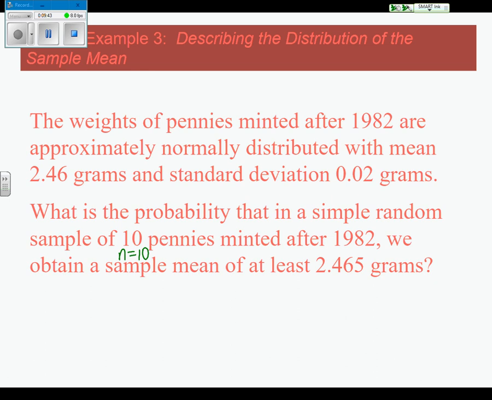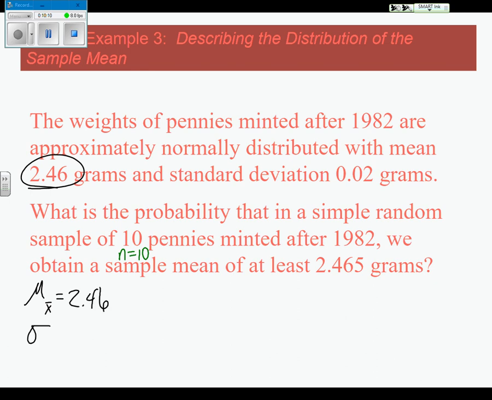Now, it doesn't really ask for the shape, center, or spread on this. I could definitely find it. I think I'm going to go ahead and find it since we're not with each other. So first up, I can find my shape, or my center, I'm sorry. Okay? And so the center of this is not going to change. It's going to be this 2.46 that I have right here.